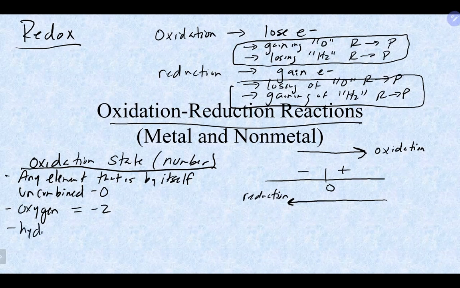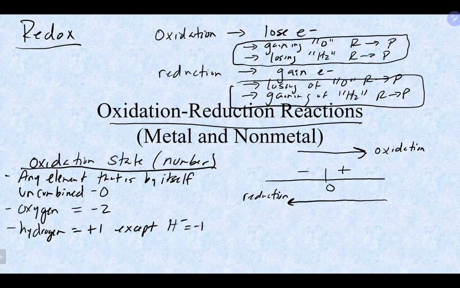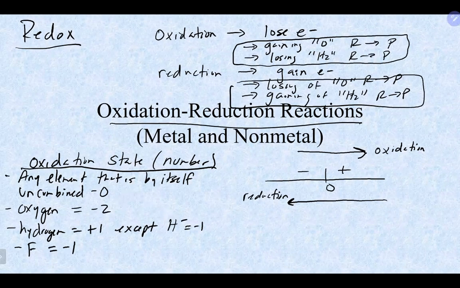Hydrogen will be +1, except if it is hydride, in which case it would be -1. Fluorine always has an oxidation number of -1. And there is an exception for oxygen: in peroxide, oxygen is -1. So those are some simple rules to help you decide what is being oxidized and what is being reduced.